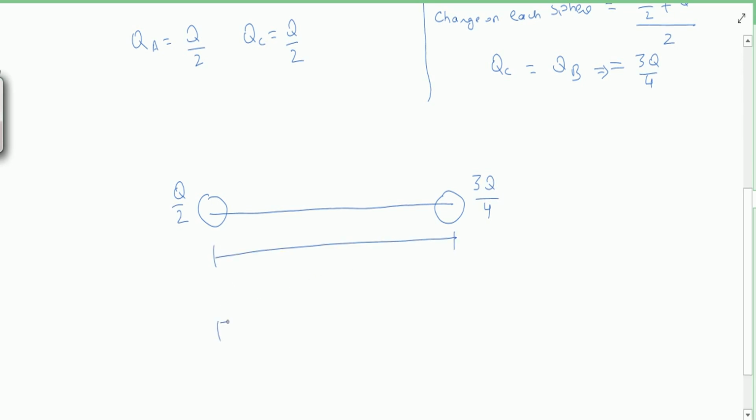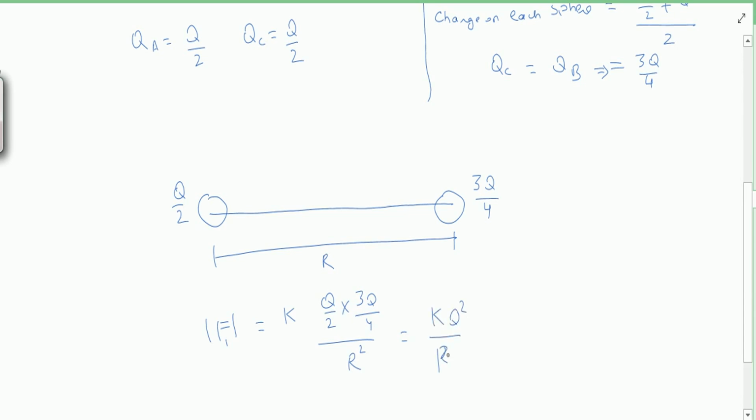So what will be the magnitude of force? Suppose this is F1. It will be K times the product of charges, Q by 2 into 3Q by 4, divided by the distance, which is the same R, so R square.